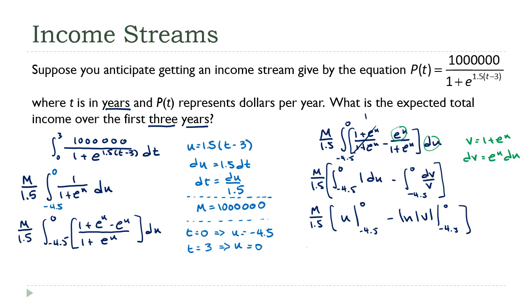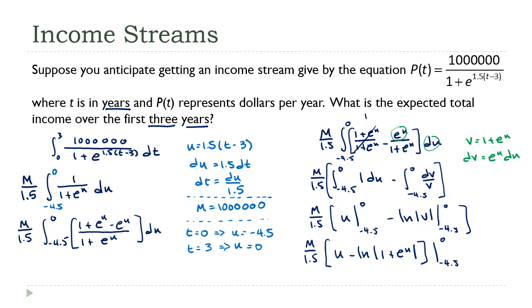So this is m over 1.5 times u minus the log absolute value 1 plus e to the u. I really don't need the absolute value at that point though, right? Because that 1 plus e to the u is always positive anyway. And this is going to go from negative 4.5 to 0.